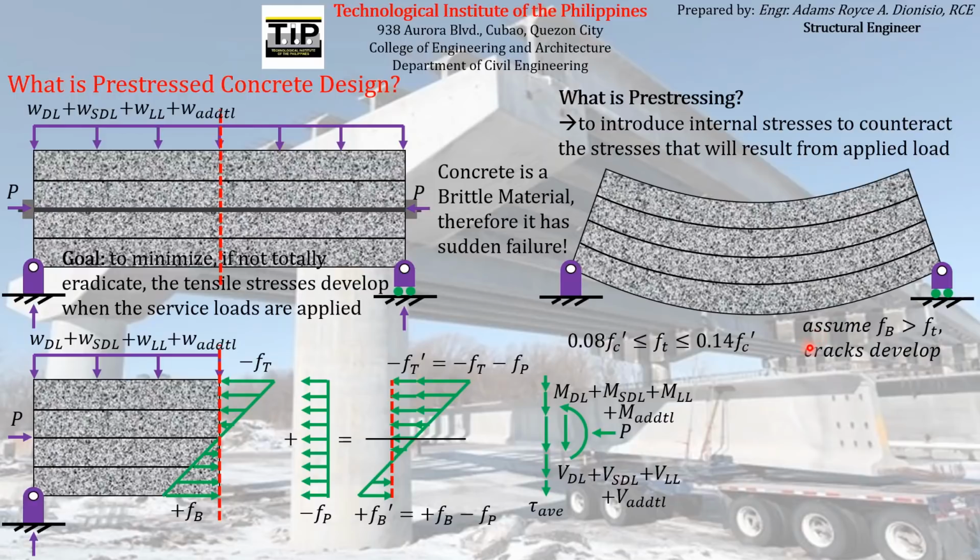Pero, sabi ko nga, bago mo siya mapag-crack ngayon, since may pre-stressing reinforcement na siya, bago mo siya mapaabot dun sa tensile strength niya, kailangan mo pa magdagdag ng additional load. Ibig sabihin lang nun, we have increased the capacity of the concrete beam.